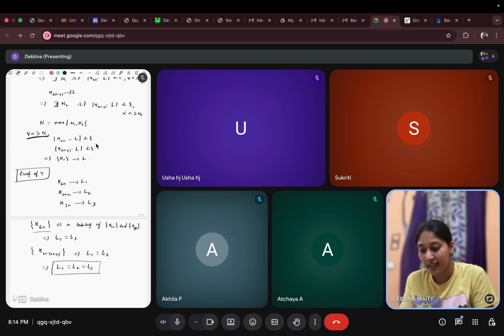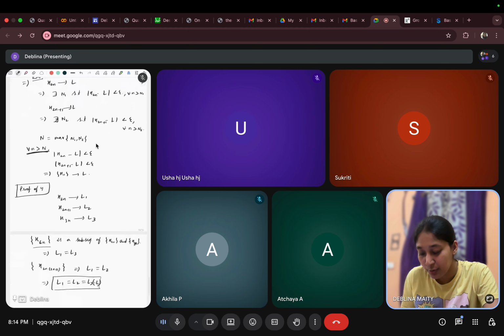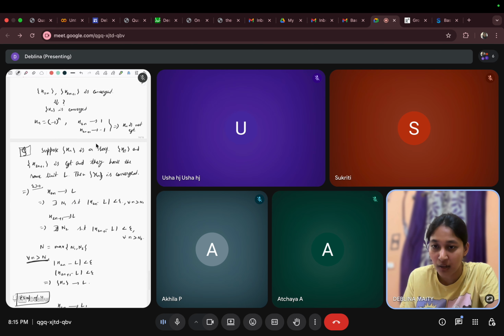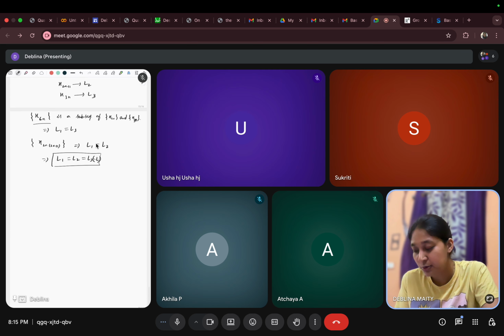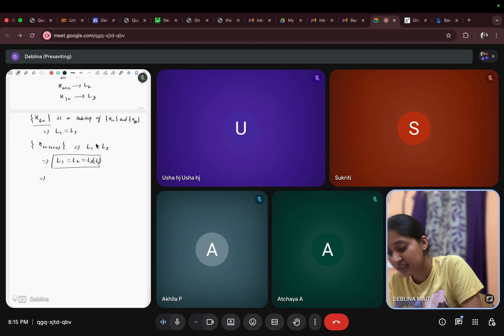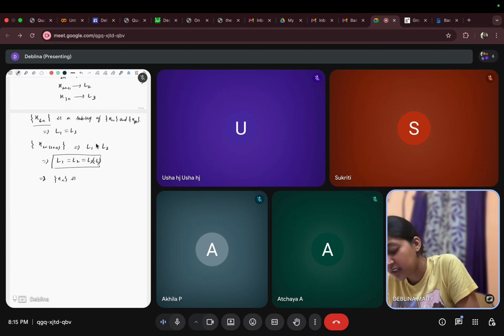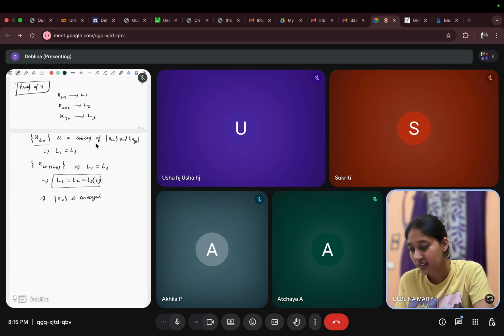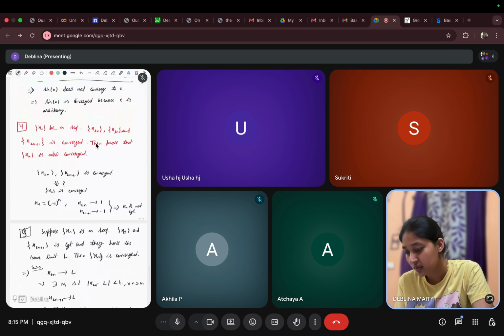So all of them are L, suppose L. Now all of them are going to the same limit, and we have proved that if x2n and x2n+1 go to the same limit L, then xn is convergent. So from the previous example, xn is convergent, and all of them have the same limit. So 4 is proved.